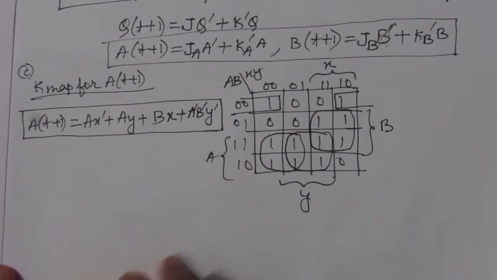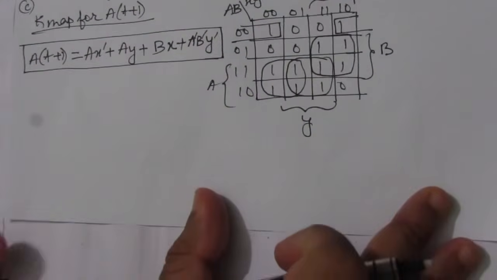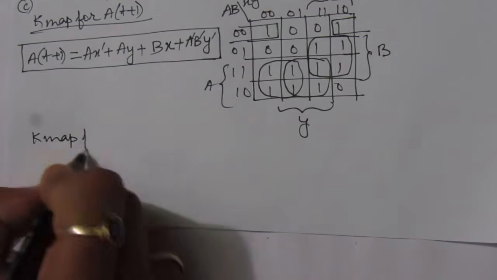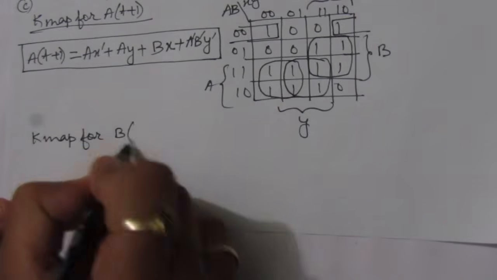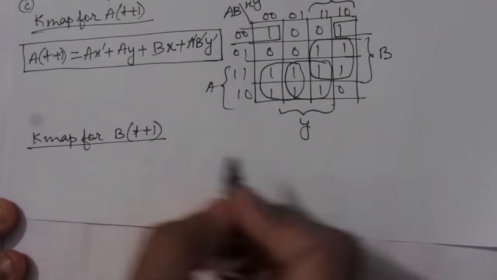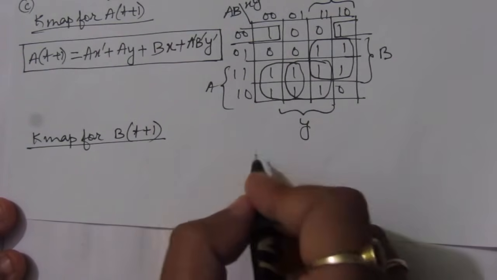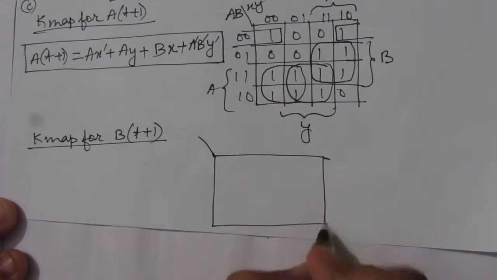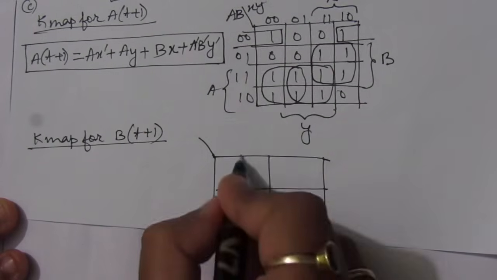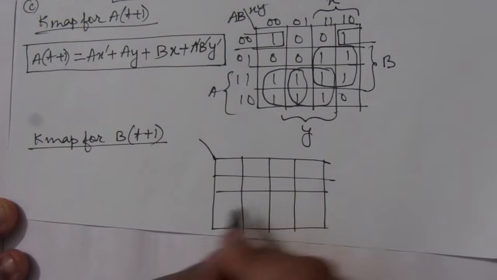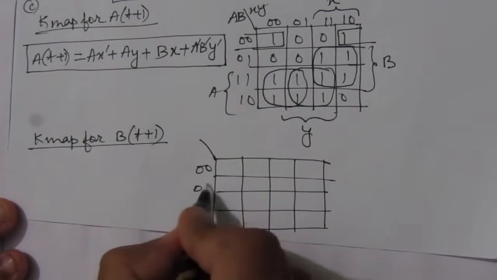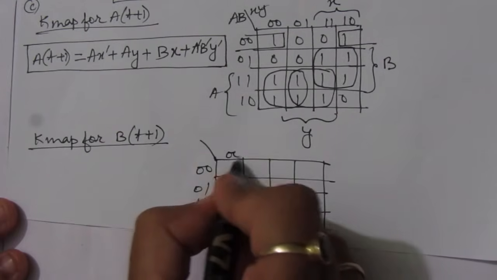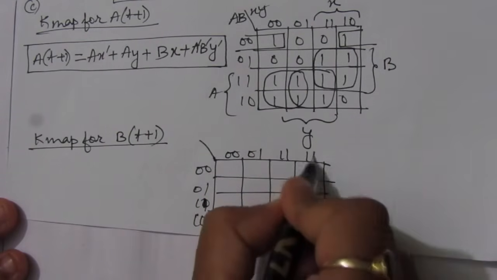Now we have to find out B of T plus 1. So K-map for B of T plus 1. Similarly we have to find out 1 1 1 0 0 0 1 1 1 1 0.